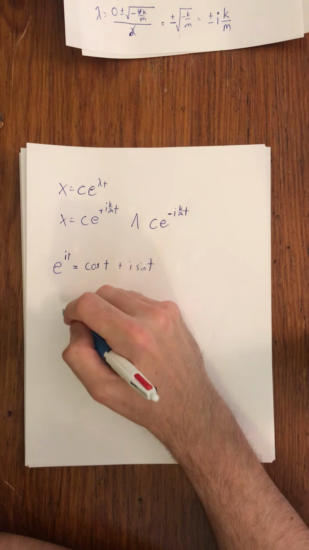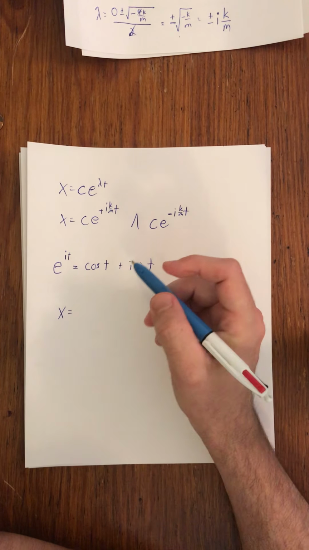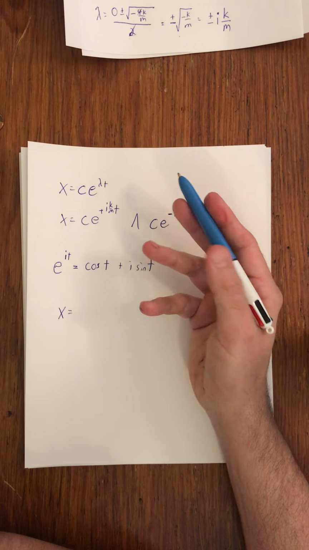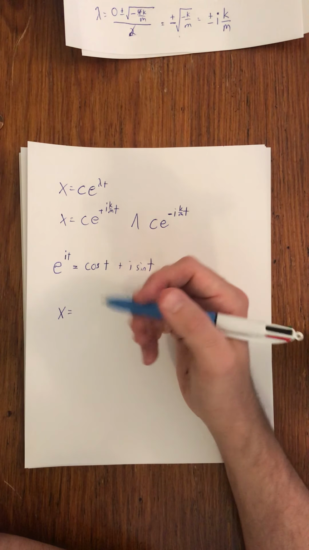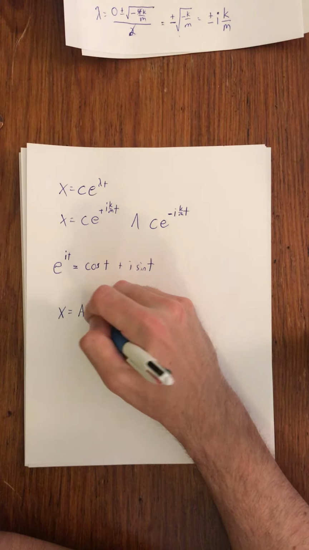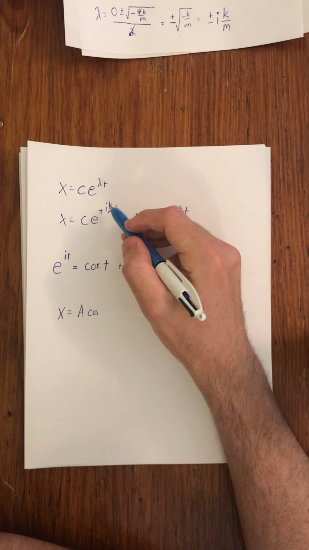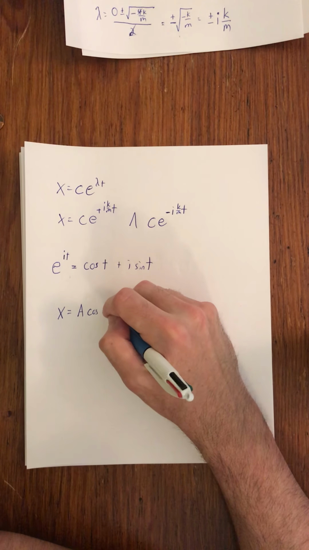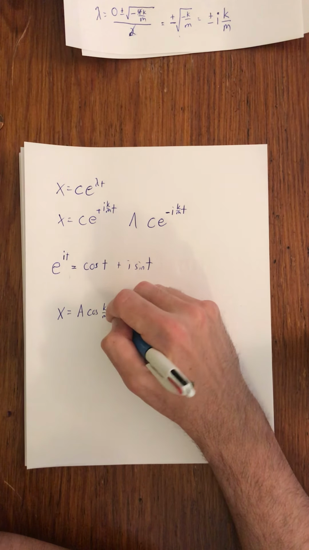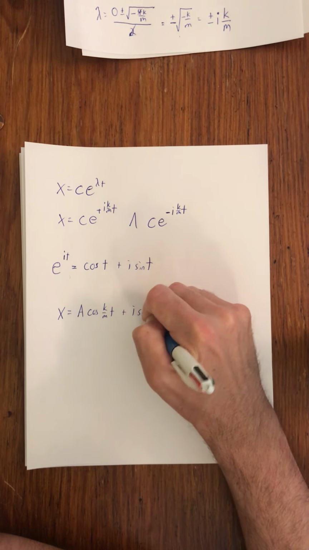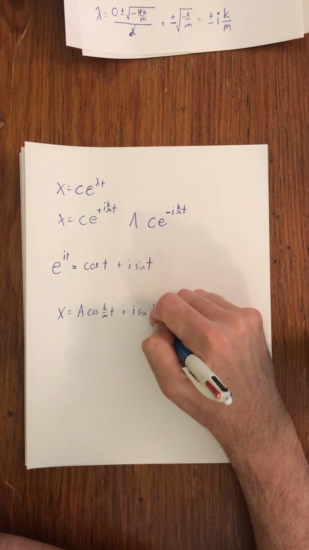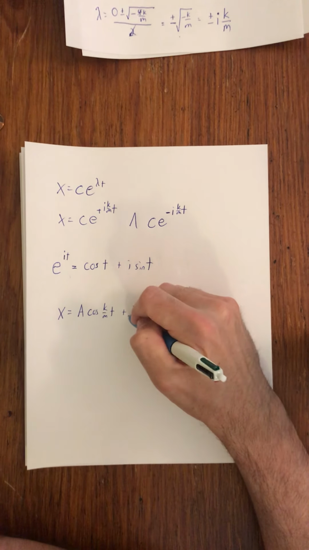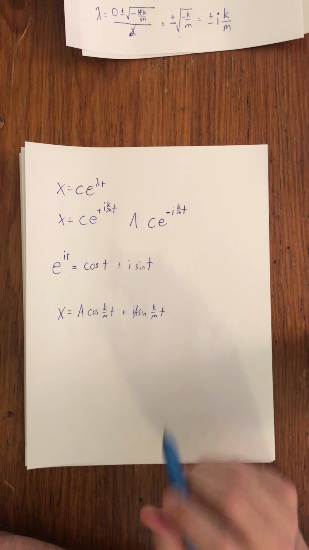And so if we look at these solutions, then we have c, and just for the sake of argument, let's call c, I don't know, a cosine of, and rather than just having t here, I have root k over m t, cosine of root k over m t plus i sine root k over m t. Or actually, this should have an a in it as well.